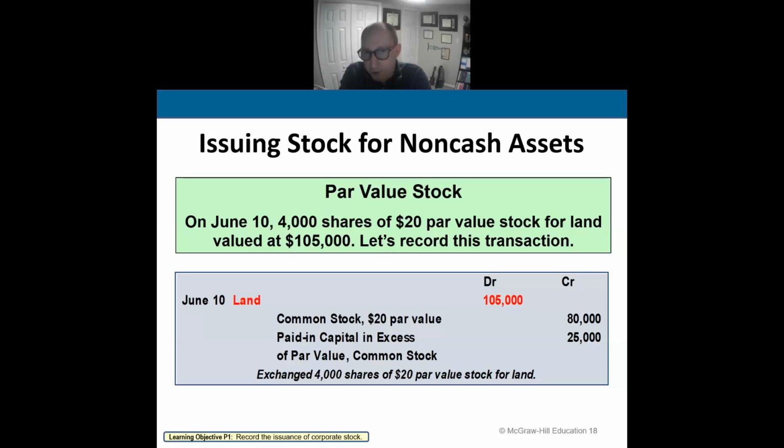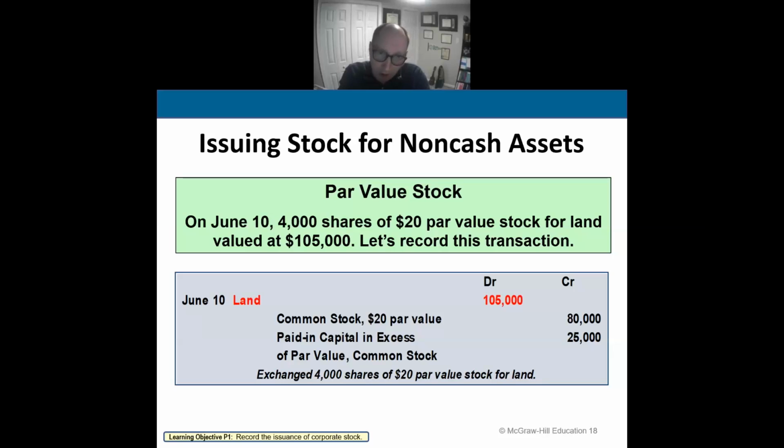Obviously 4,000 times 20 is not 105,000, it's 80,000. So there's a difference. That difference is what we paid in excess of the par value. So I debit land, 105,000. That's how much it's worth. I credit common stock par value, 80,000.